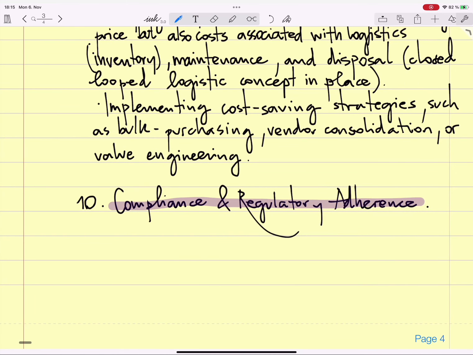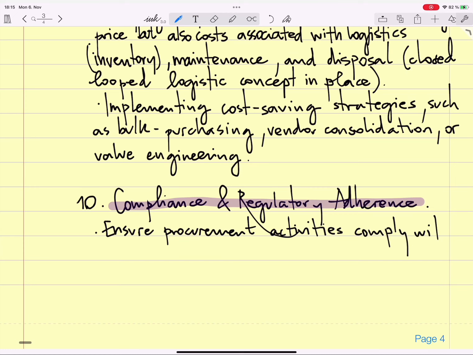So you need to ensure procurement activities comply with relevant laws, regulations and industry standards.